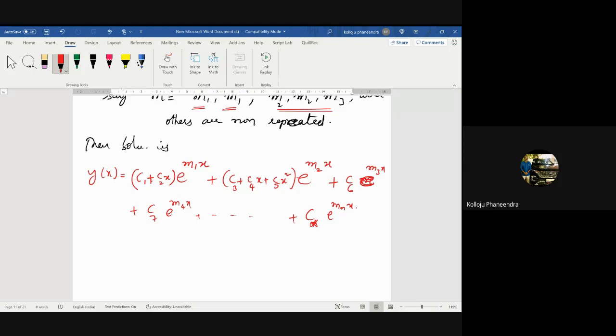If m1, for example, is repeated 5 times, then you write e power m1x and its coefficient must be a 4th degree polynomial: c1 plus c2x plus c3x square plus c4x cube plus c5x power 4, like that you have to write.